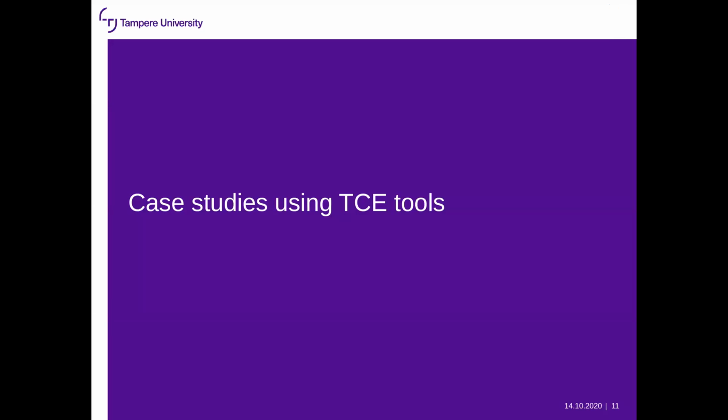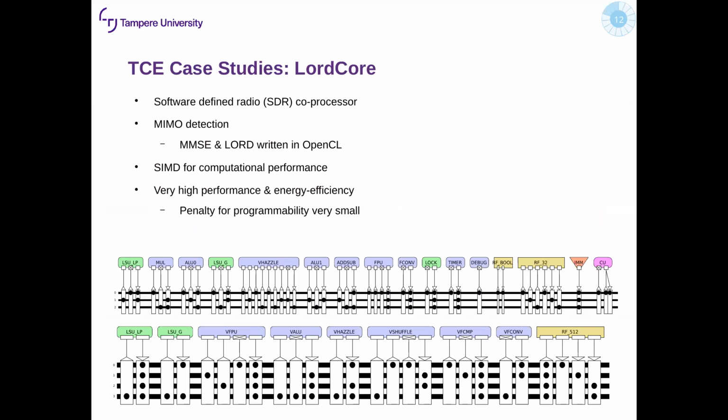So here are two case studies that have been designed with our tools. The first one is called LordCore, named after an algorithm. So this is basically a software-defined radio coprocessor. And the main thing it does is multiple in, multiple out detection.